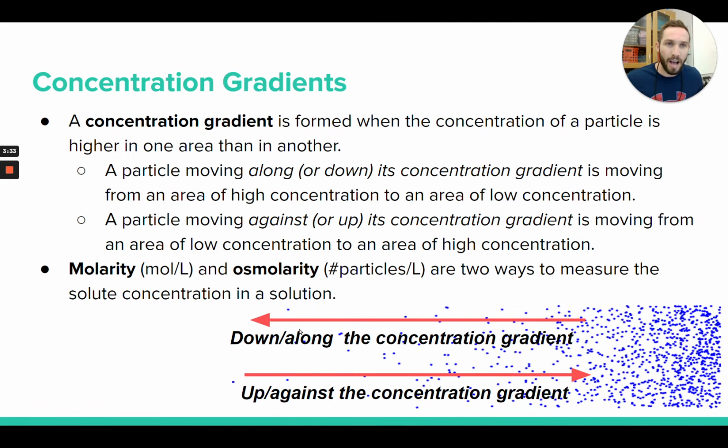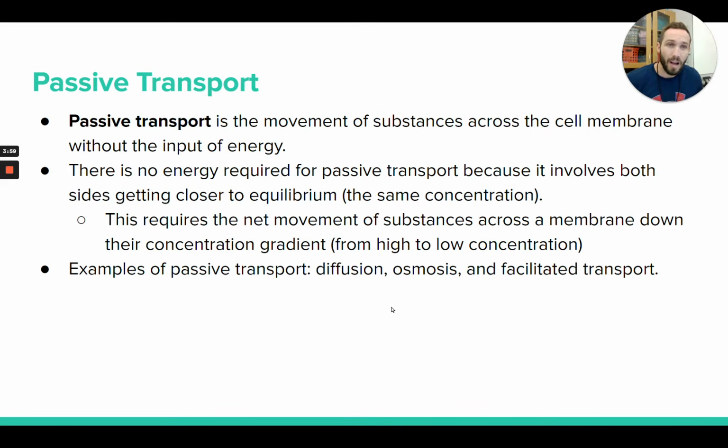But then you can also have particles that might be moving against their concentration gradient or up their concentration gradient. That means they're going from an area that has a lower concentration towards an area that has a higher concentration. So just make sure you know what those terms mean. When I say something's going down or along its concentration gradient, that means from high to low concentration. Or if I say something's going up or against its concentration gradient, that means it's going from low to high, like this picture is showing you here.